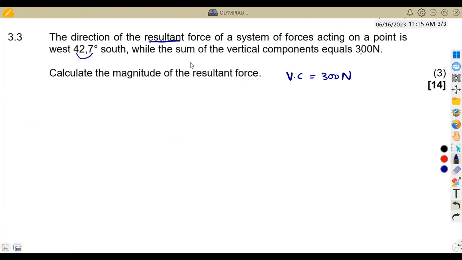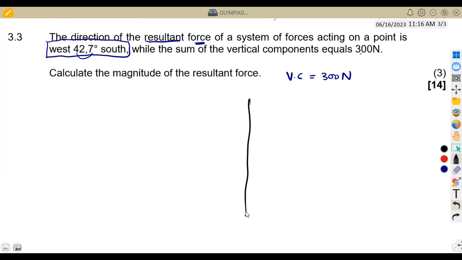Take note, guys, of this type of question. They are giving us the part. Remember the diagram that I drew before, the one that I used to calculate the resultant force? We used the horizontal and the vertical components in order to draw that diagram. Now they are giving us the resultant force with the direction from west to south. So this is going to help us to present our diagram.